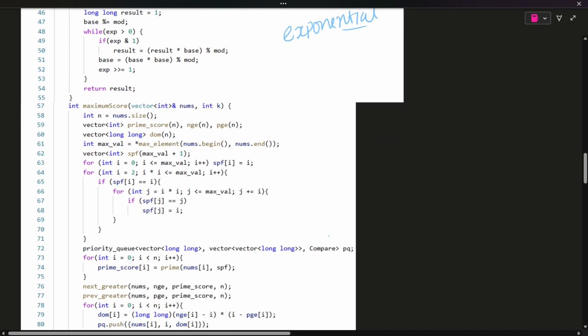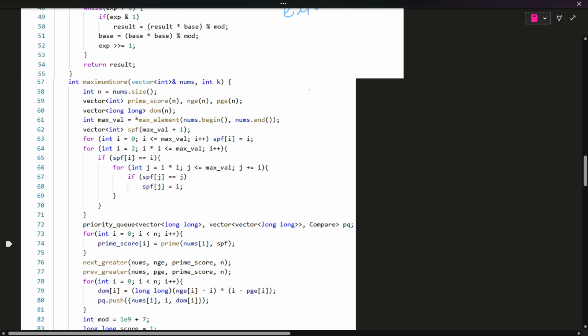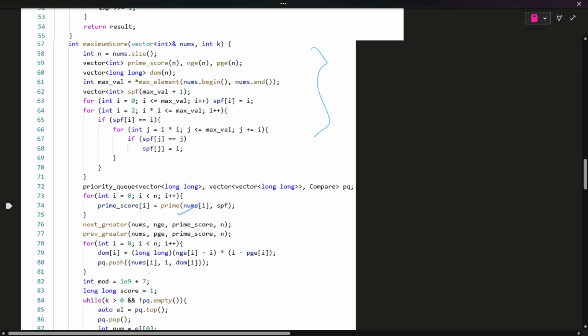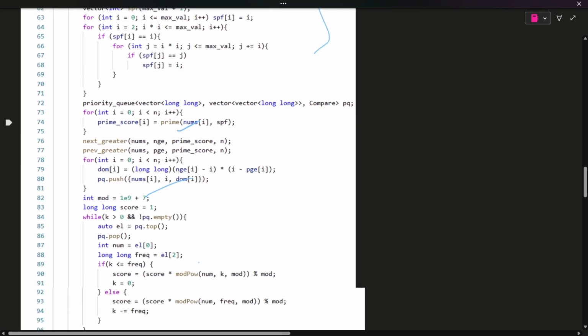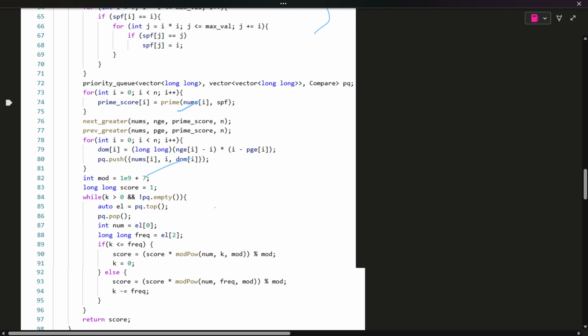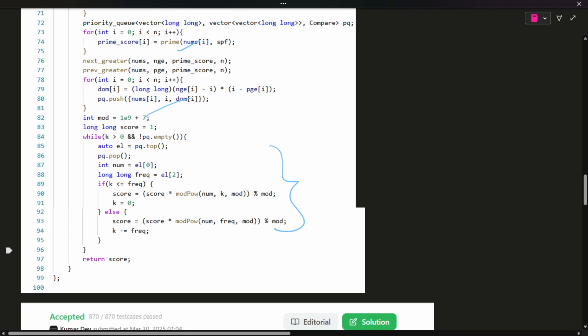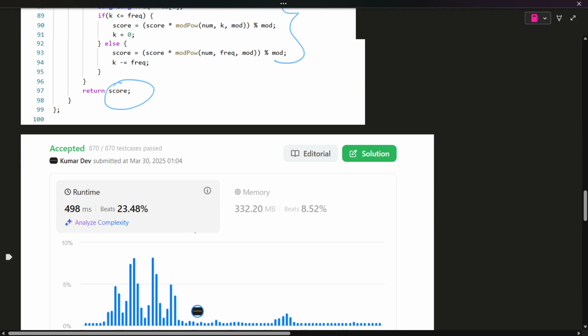Okay, so this is how the code is looking. And we have a priority queue, calculating. Okay, so this is here. So at last we are just running this code. Okay, so the code will be running just fine.